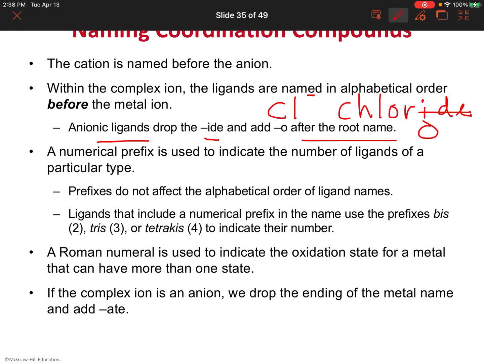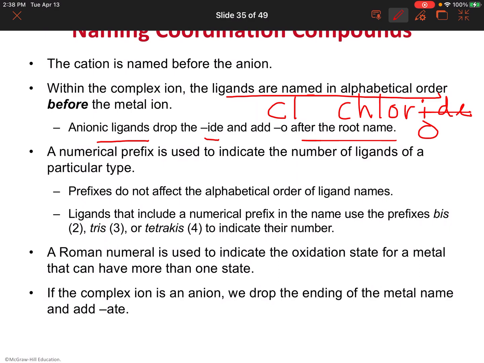A numerical prefix is used to indicate the number of ligands of a particular type. Prefixes do not affect the alphabetical order of ligand names, so the ligands are named in alphabetical order. We can have prefixes like di, tri, tetrakis, or numbers.